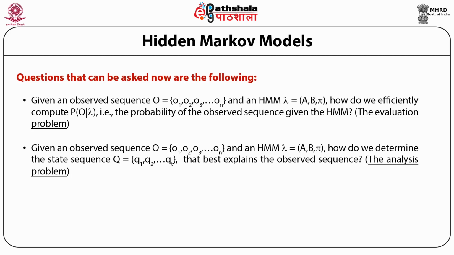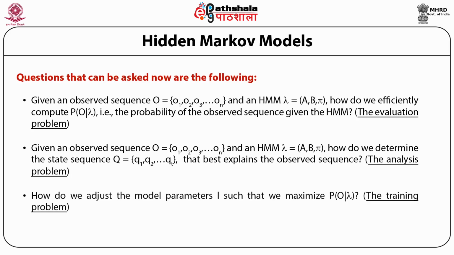And then finally, the first two problems will occur only after I have created a Markov model. So the last question, which perhaps should have been the first, is how do I train a Markov model? If I have a lot of sequences and I want to create a Markov model lambda, how do I do it? That of course is the training problem.